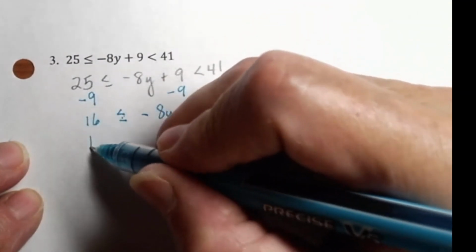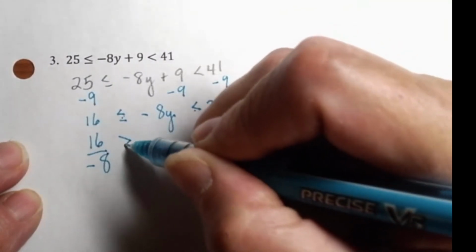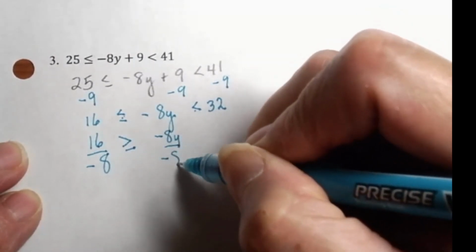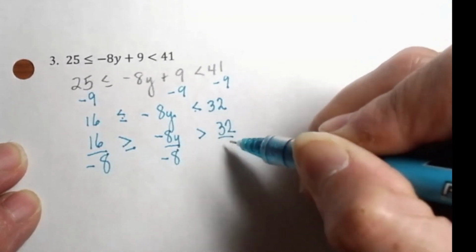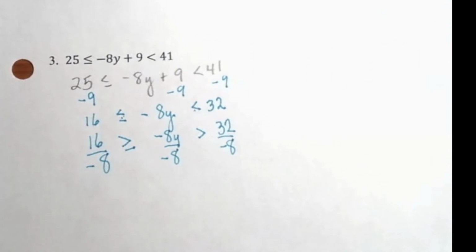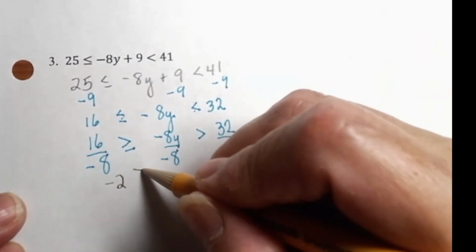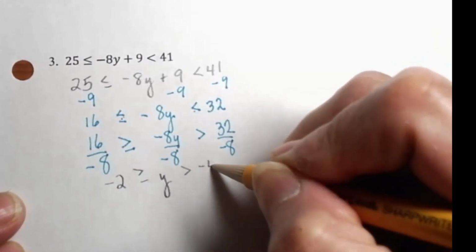So I'm going to take 16 divided by -8, flip this symbol, and then I have -8y divided by -8, flip the symbol, and we have 32 divided by negative 8. So again, these happen at the same step. Okay, now simplifying, we get negative 2 is greater than or equal to y, which is greater than negative 4.